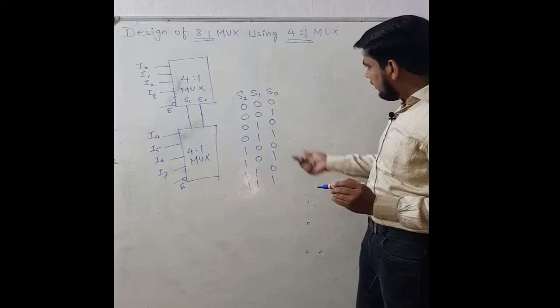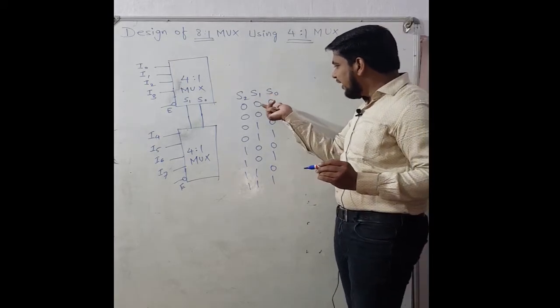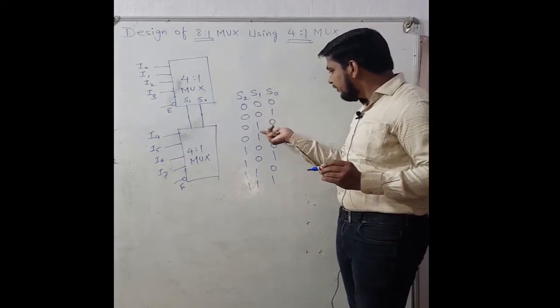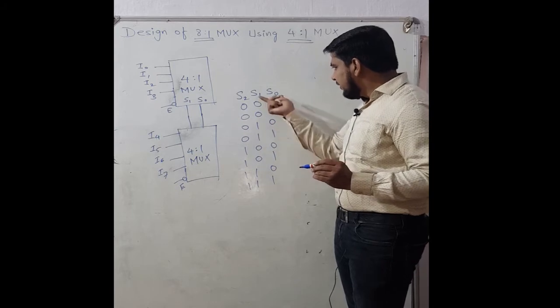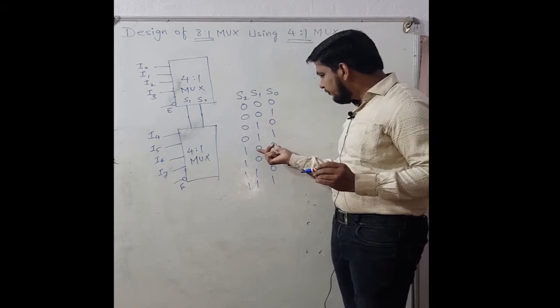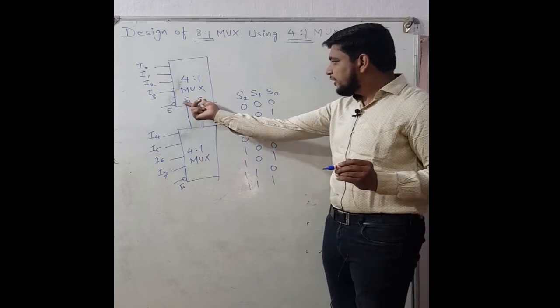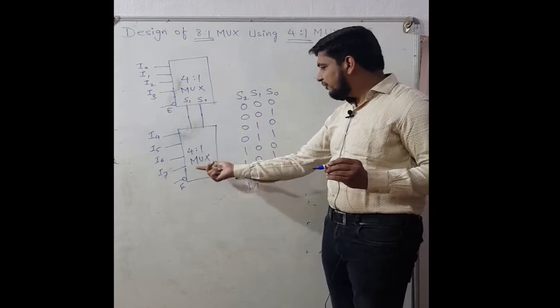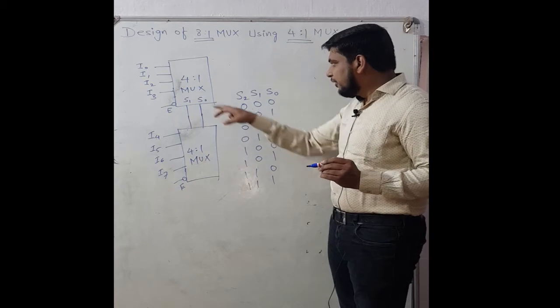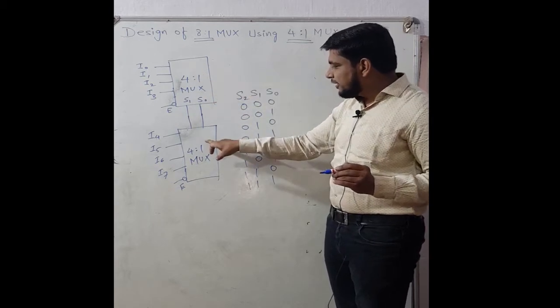Now, this S1 S0 will vary 4 times, 0 0, 0 1, 1 0 and 1 1. Similarly, it will vary again for the second time 4 times, that is 0 0, 0 1, 1 0 and 1 1. So, these 2 select lines will vary from 0 0 to 1 1 for this multiplexer and for this multiplexer.